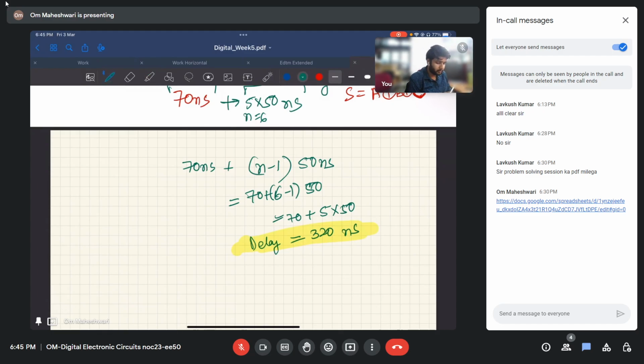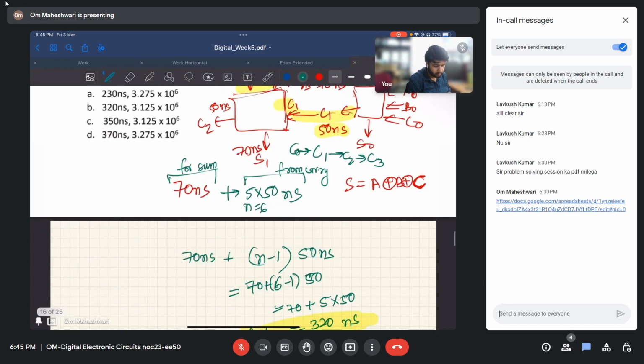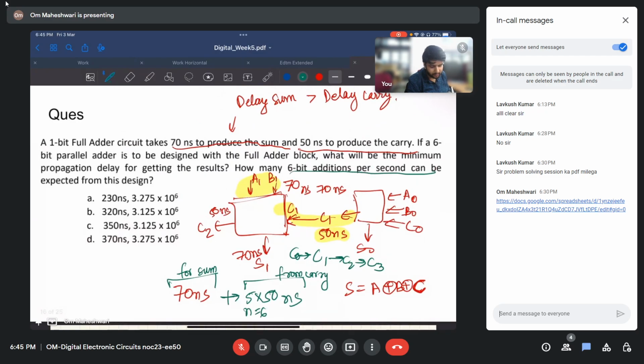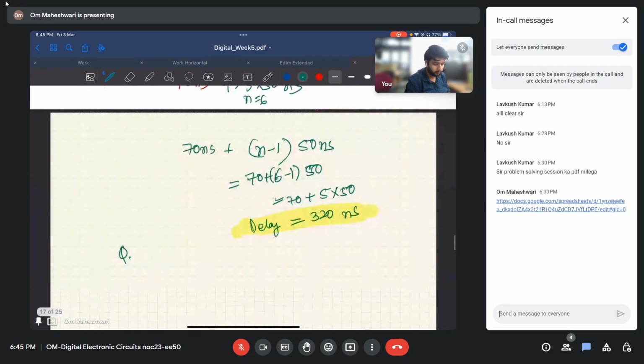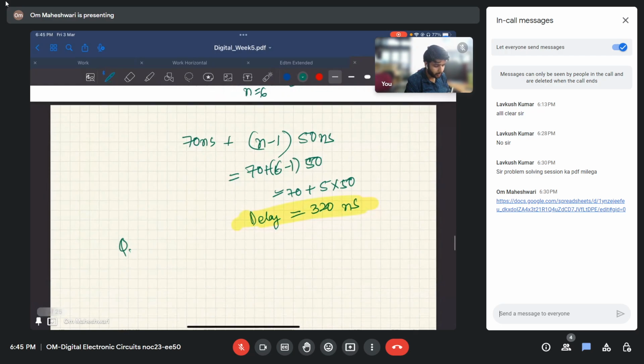And now, how many 6-bit additions per second can be expected from this design? So frequency is being asked. Frequency is equal to 1 by delay. It is 1 by 320 into 10 to the power minus 9.